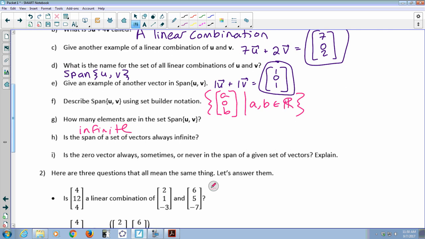So almost always you have an infinite number of vectors in the span, unless you're looking at the span of just one vector, a vector full of zeros.